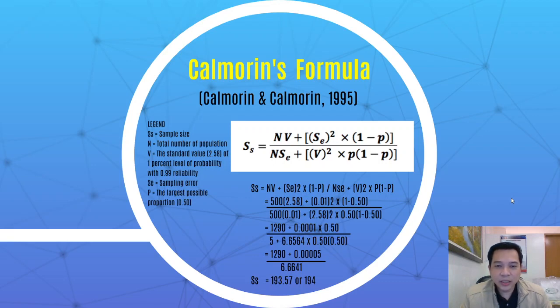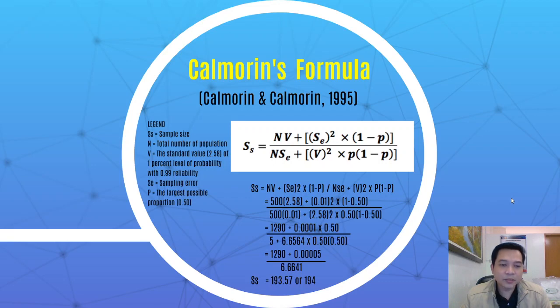So you need to consider first the total population, of course. Then there's the standard value or the V, capital V, which is 2.58. And this is in reference to the 99% reliability or 0.99 reliability. Then the sampling error, most likely it's 0.01 or 1%, or the margin of error that we are referring to a while ago.